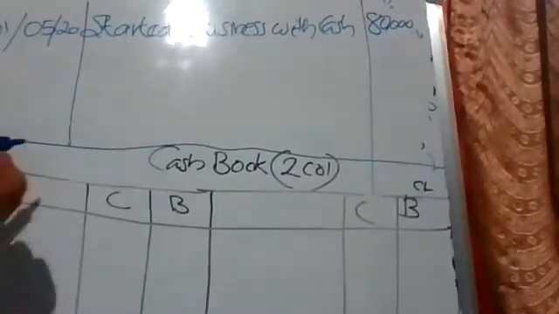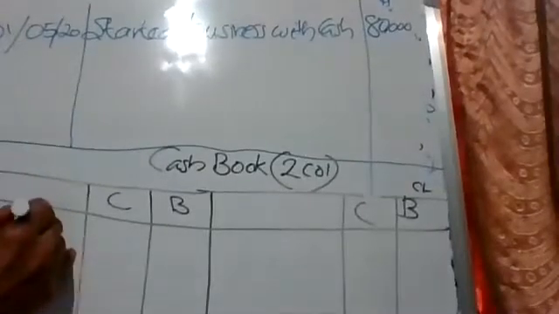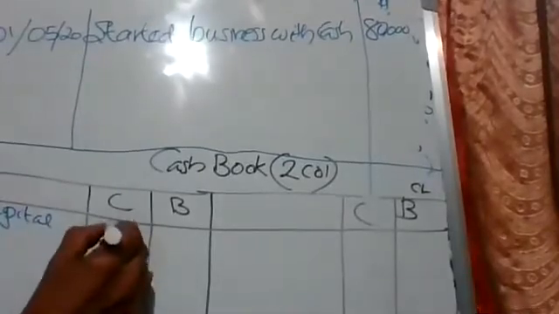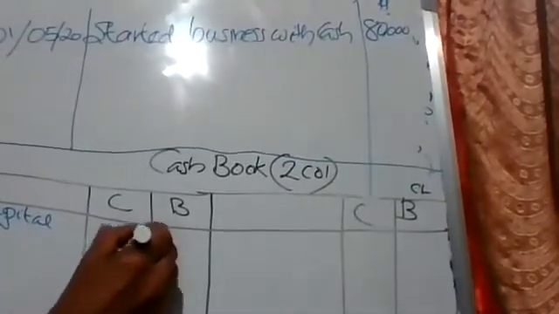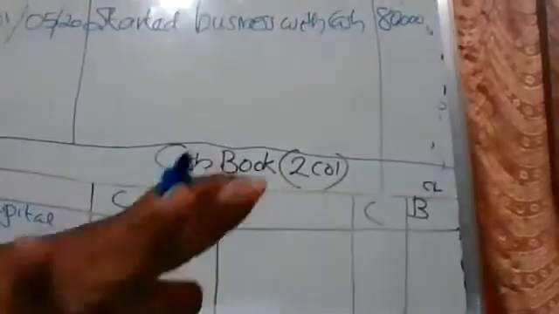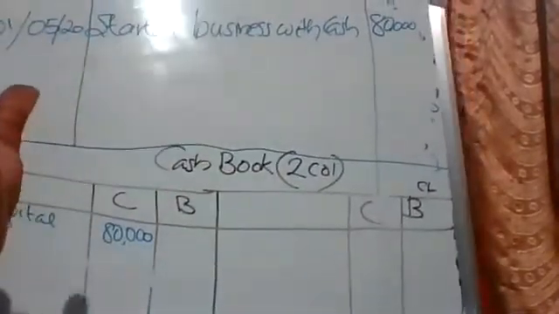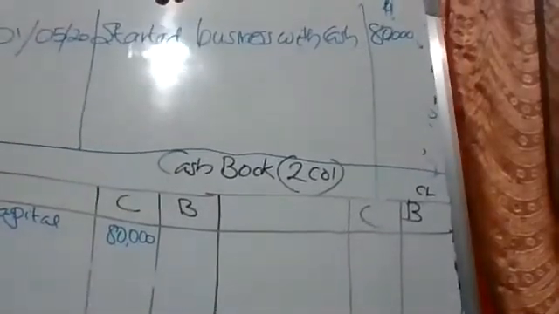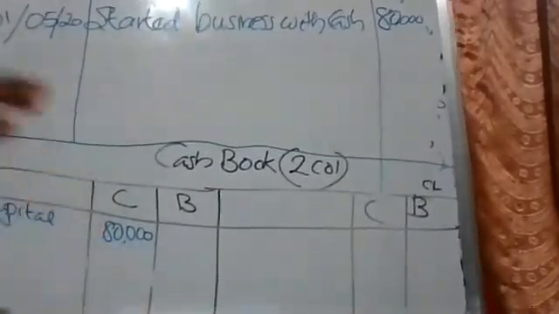Sir, in the cash account to capital, sir. Yes, correct. 80,000. That's all. Capital account we are not writing. We are learning how to write cash account only. Okay. Yes, sir. Next.